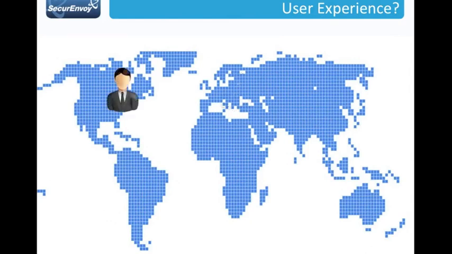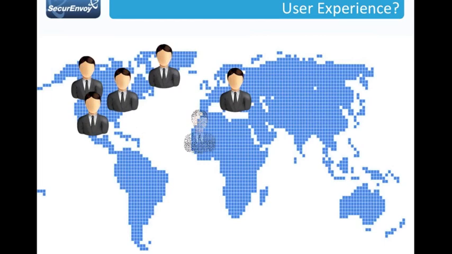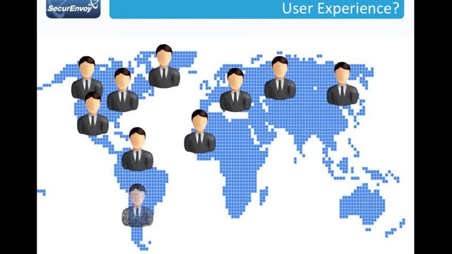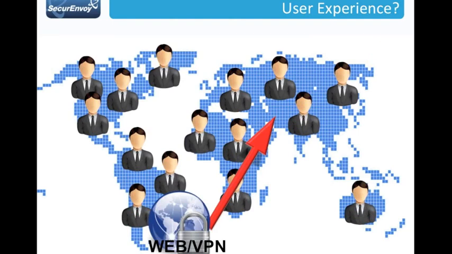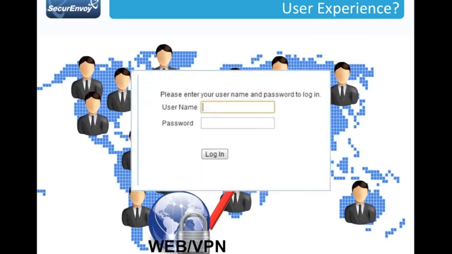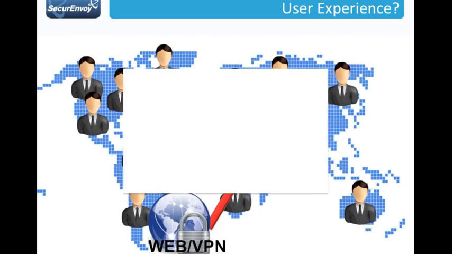So from a user experience, how can we plug this all together? Well, very easy. So here's a good geographic of where users may be deployed globally. They want to access an application at their company headquarters. It could be web-based, it could be VPN. And at the moment, they're just prompted for a username and password.